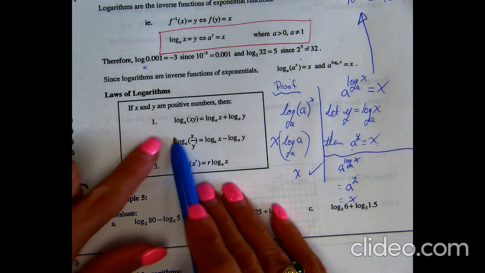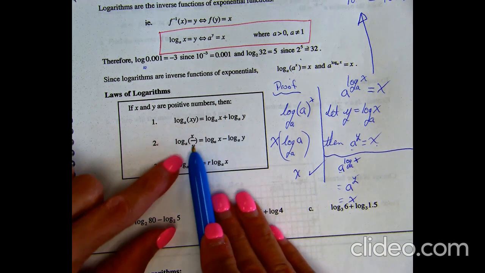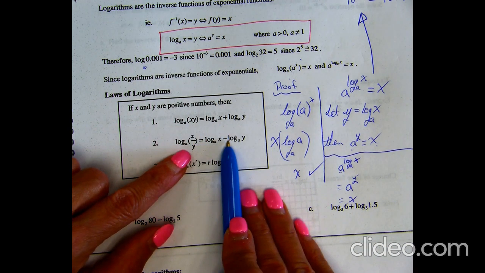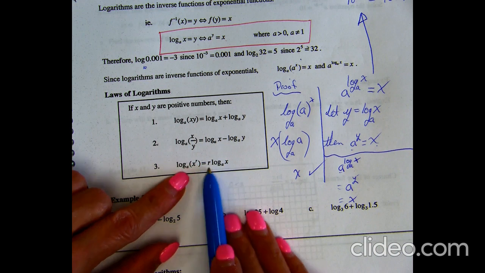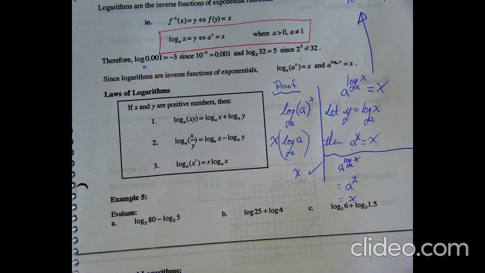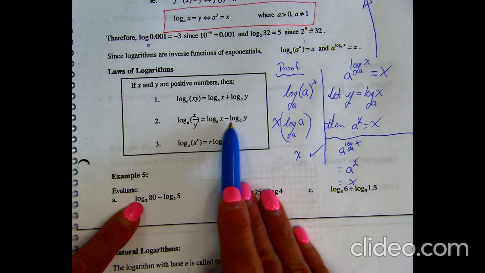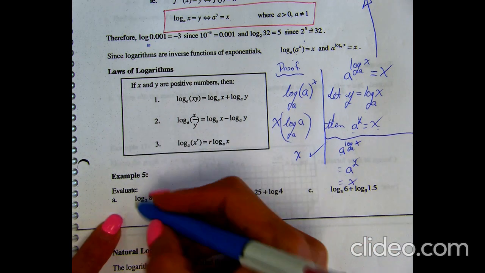Okay, log laws, remember them? When you're multiplying inside, you add outside. When you're dividing inside, you subtract outside. When you have a power, you can bring that exponent down in front. Okay, so how do we simplify these? Well, the bases are the same and you're subtracting. Law 2. Change that into a division.